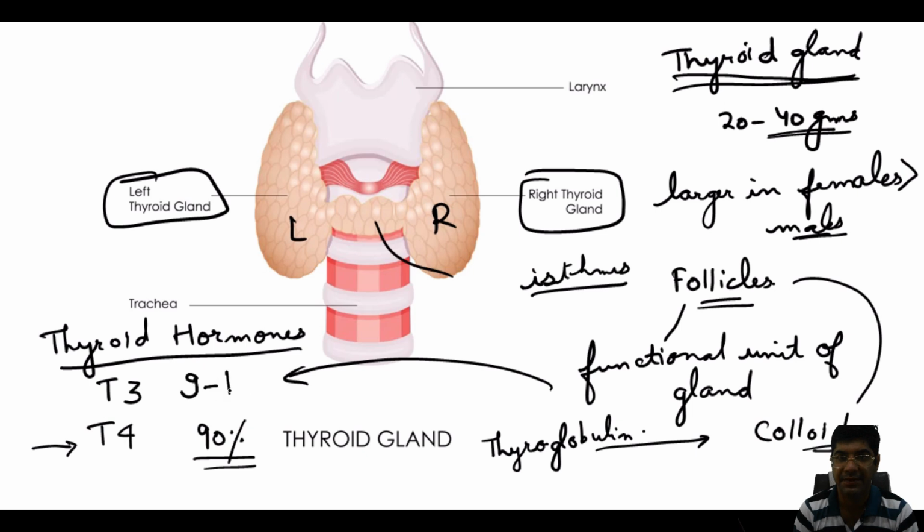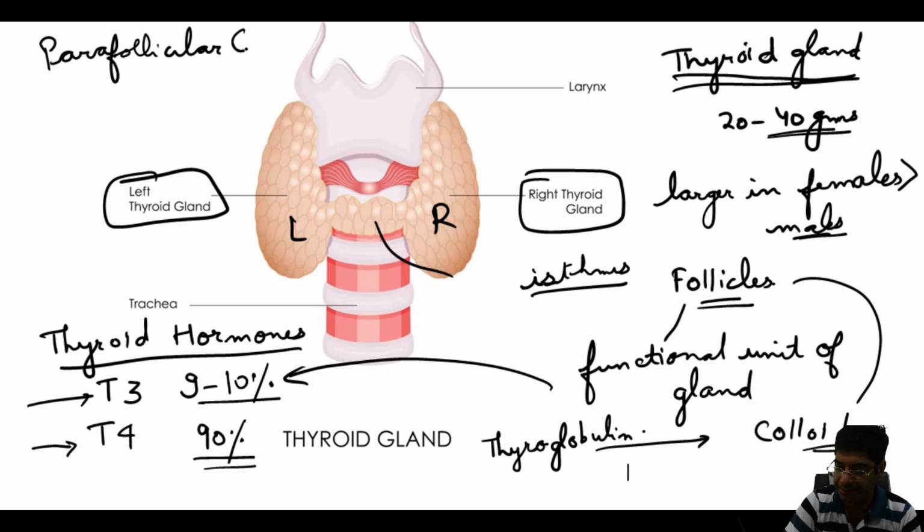T3 is secreted in small quantity and is more potent and biologically active than T4. In addition to the follicular cells, the thyroid gland contains parafollicular cells, known as C cells, located between the follicles. They secrete the hormone calcitonin.